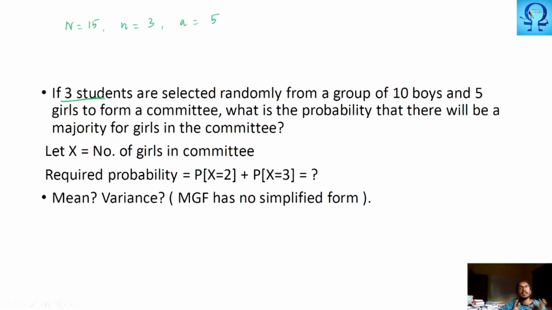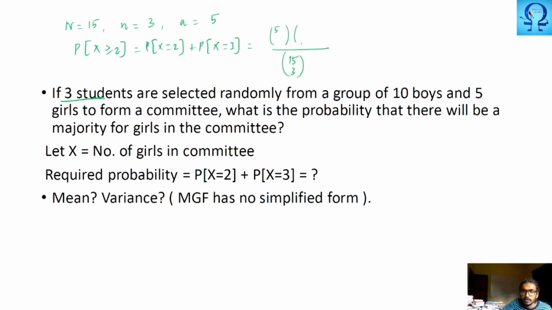So if majority has to be there, out of this 3, either 2 should be girls or all the 3 should be girls. So we need to find the probability that x is greater than or equal to 2, that is probability of x equals 2 plus probability of x equals 3. That is, from a whole lot of 15 you are selecting only 3.